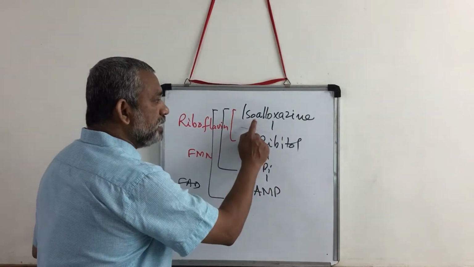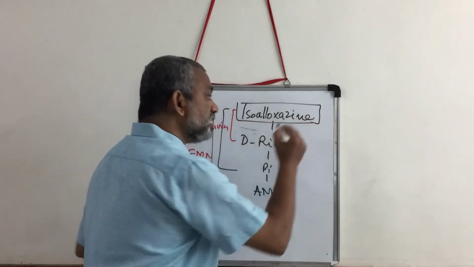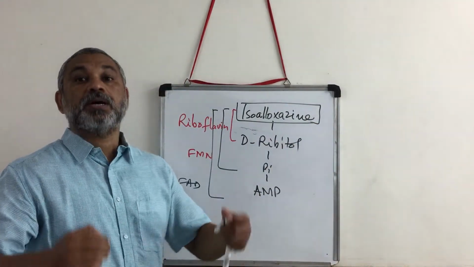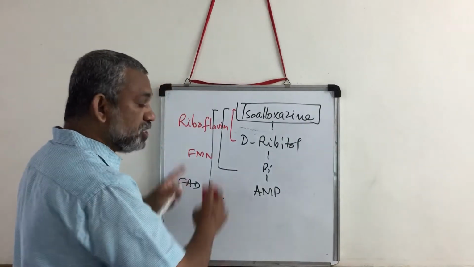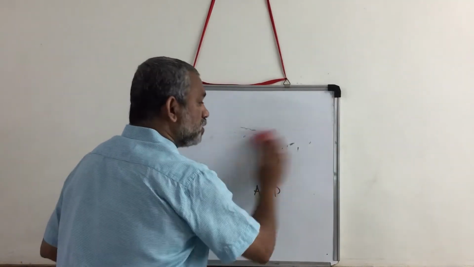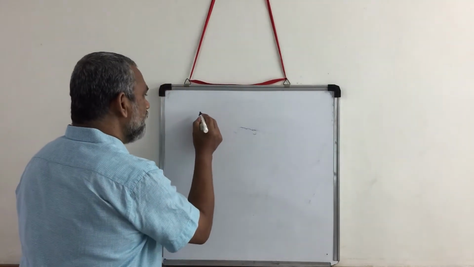Now let us look at the structure of isoalloxazine, which is responsible for carrying hydrogen. That structure is the most important for us to understand this component of the electron transport system. It looks like this.